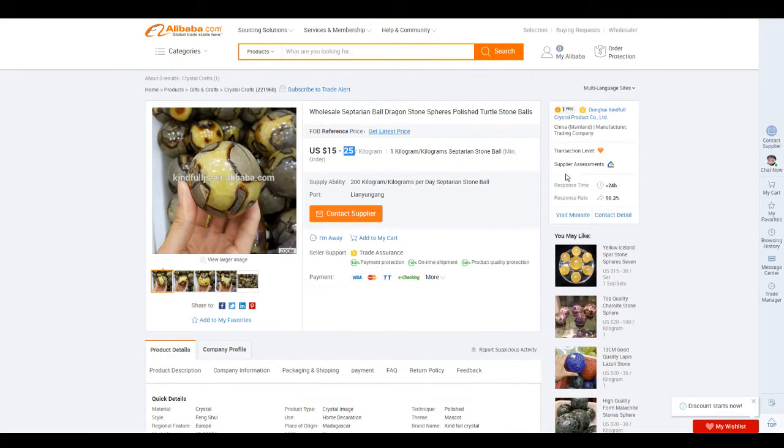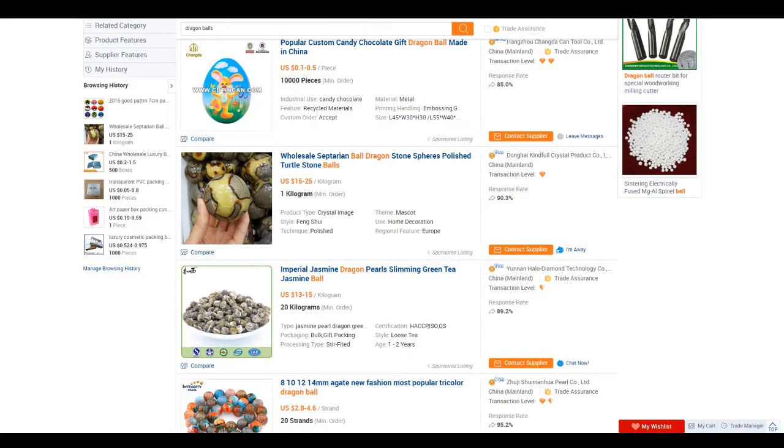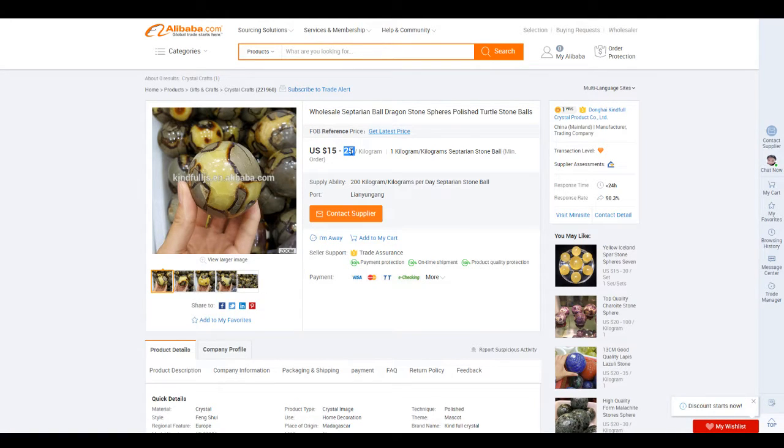So yeah, this is really cool. And like I said, this is better if you're going to be selling a lot of a certain product, because this will give you higher profit margins as compared to something like this. So say we get 5 balls out of this kilo. We're going to be spending $25, which means $5 per ball, plus whatever we have to pay in shipping, which probably isn't going to be too bad either.